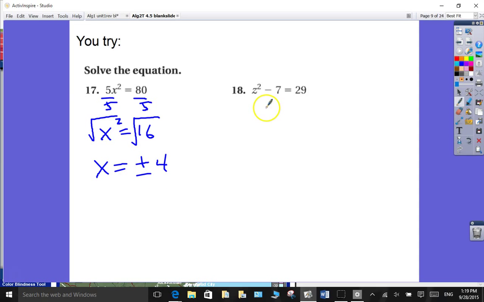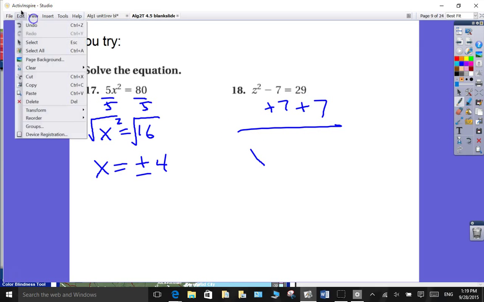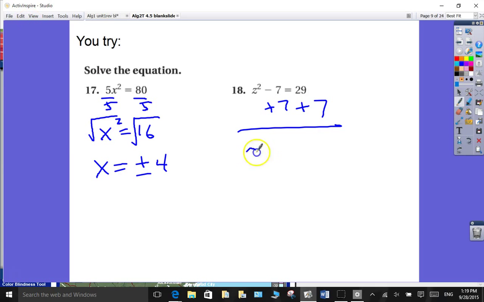What do I do to isolate the square term on the second one? Add 7. It's not an x. Z squared equals 36. Take the square root of both sides. Z equals plus or minus 6.